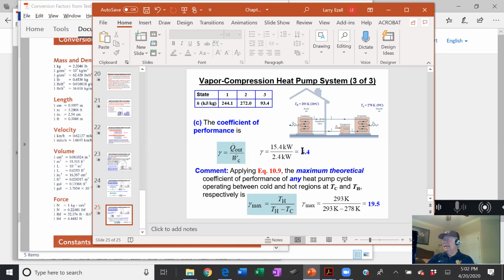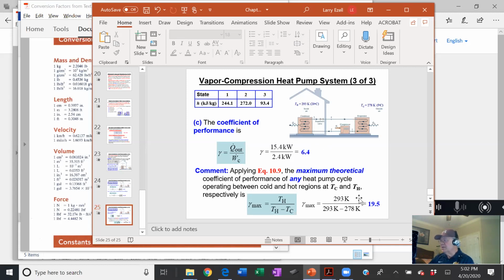That's the SEER. And remember, the reason I bring that out is because if you ever find an air conditioner or heating unit, it's going to be rated by SEER and not gamma and beta. So it's 6.4 times that conversion factor of 3.4. That'd be about 20. Oh no, I'm sorry. I'm talking about different things.